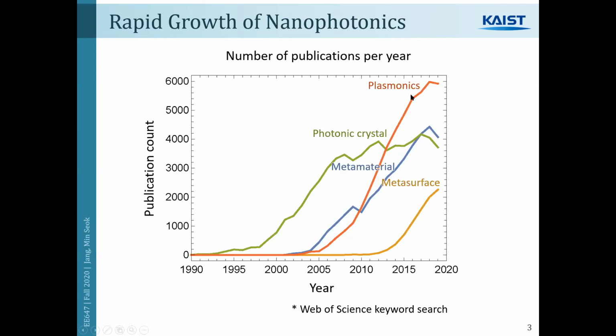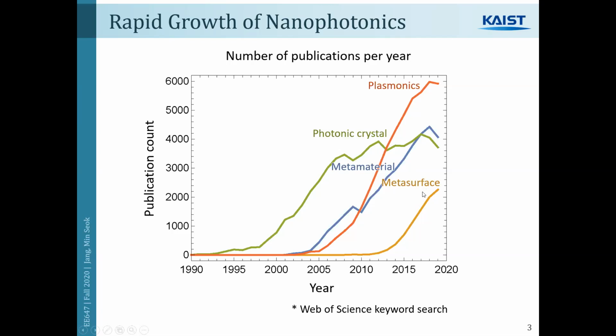The other three are relatively new. Plasmonics and metamaterials start to appear around 2003, 2004, and now these two topics are still increasing, but you can see the slope has flattened. We'll see what happens in a few years.